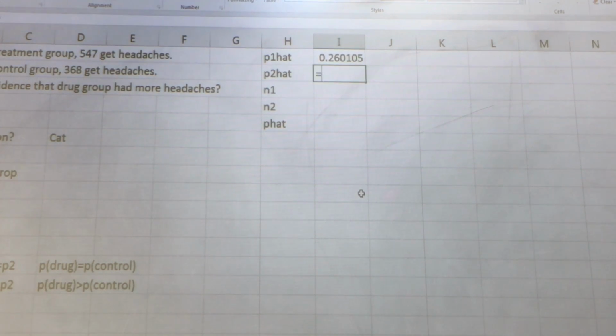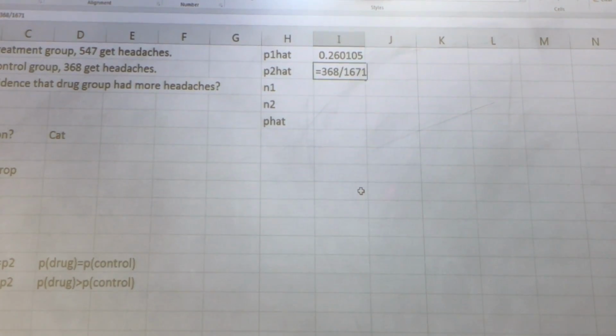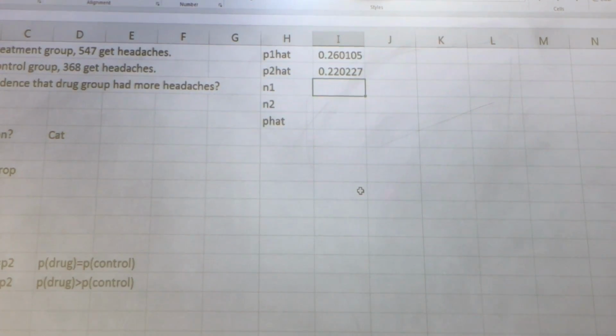P2 hat is 368 divided by 1671. Now we haven't done a lot of math, but does it appear that the drug group had more headaches than the treatment group? Yes, it does appear that way. My N1 is going to be 2103, my N2 is going to be 1671.